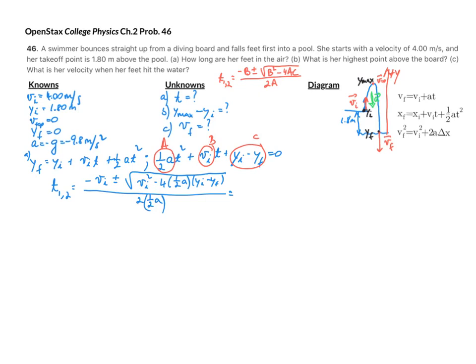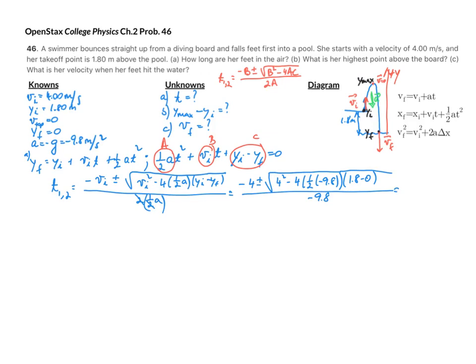I'm going to skip the units and the sig figs so that I can fit everything in this one line. So this is negative v initial, that's 4 meters per second, plus or minus square root of 4 squared minus 4 times 1/2 times a, which is negative 9.8, times y initial, which is 1.8, minus y final, which is 0. So we have all of that on the top. And on the bottom, the 2 and the 1/2 give us a 1. So a is negative 9.8.